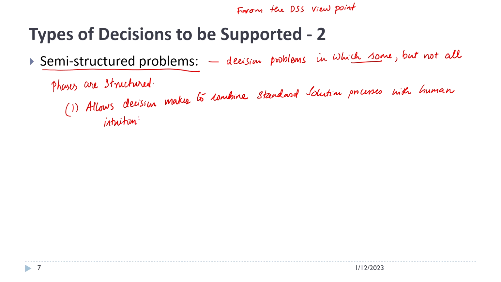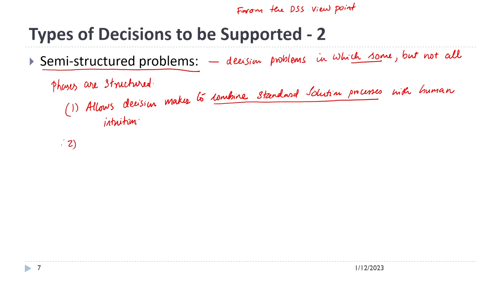You have the capability to combine standard solution processes with human intuition, because there is some structured phase and not all phases are structured. So wherever the structured phase is there, you use standard processes, and wherever there is unstructured, you use human intuition. The second part of it is optimal solutions.